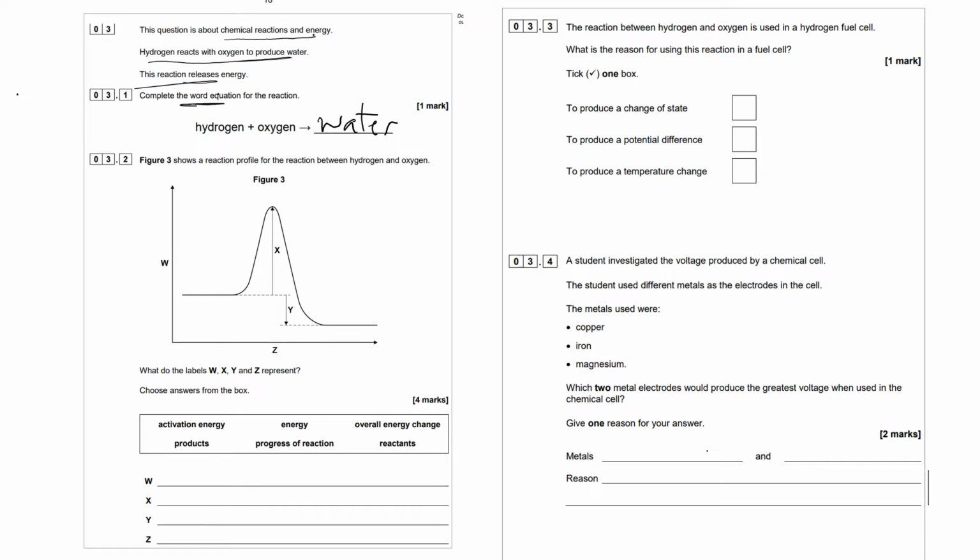They have now given you an energy profile diagram where you are representing the different parts. So if you look at W, which is the energy, and X, it's this part here, and this part here is called the activation energy. That's the minimum amount of energy you're going to need for the reaction to take place. Y here is the overall energy change.